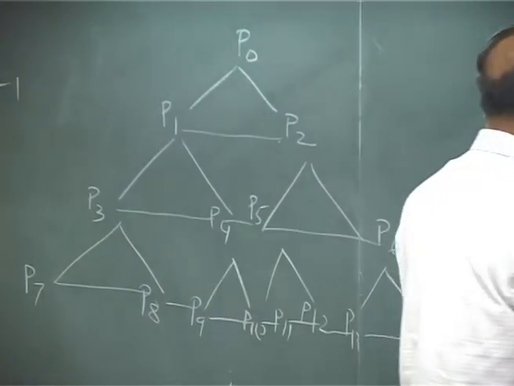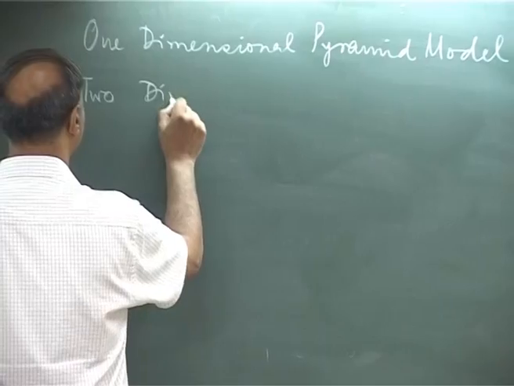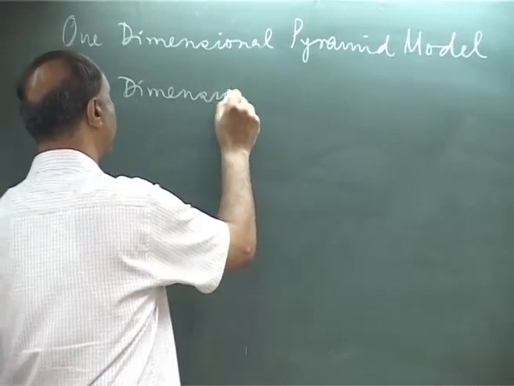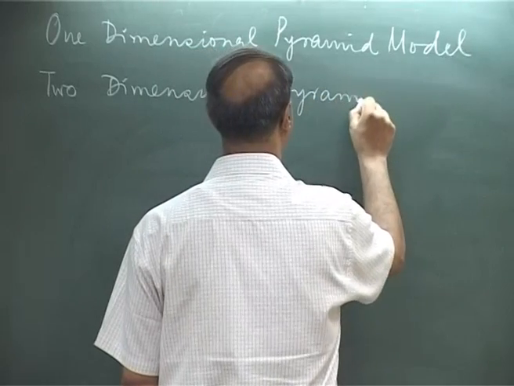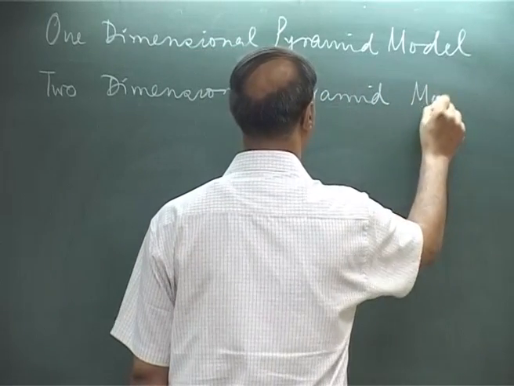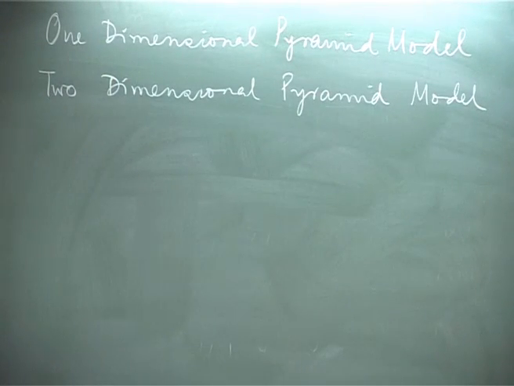Now the next model is known as the two-dimensional pyramid. It is the combination of mesh and tree.